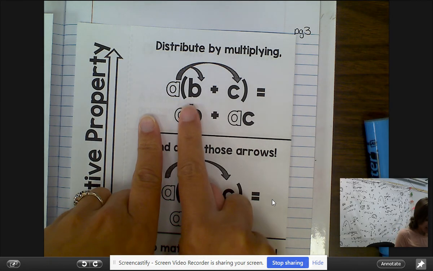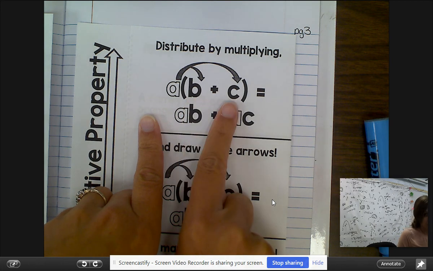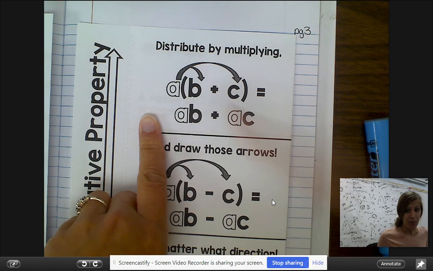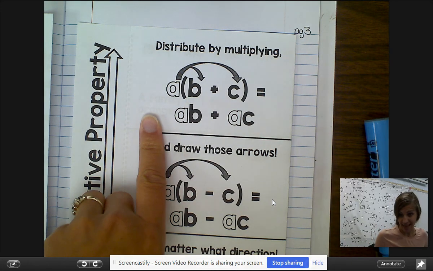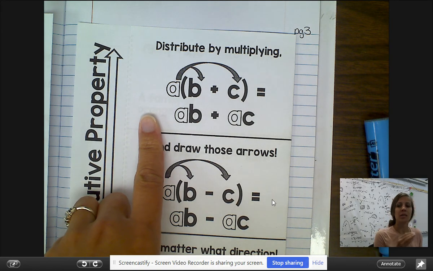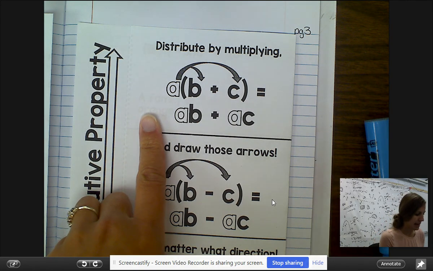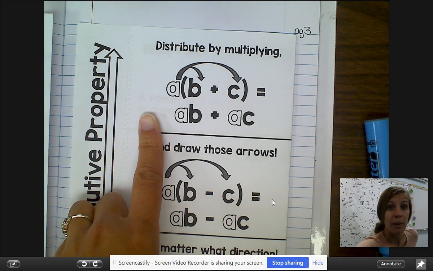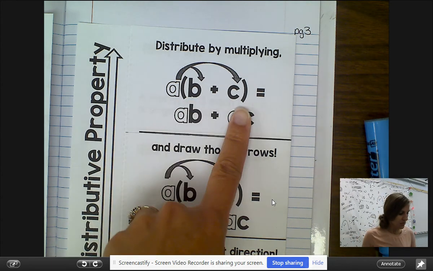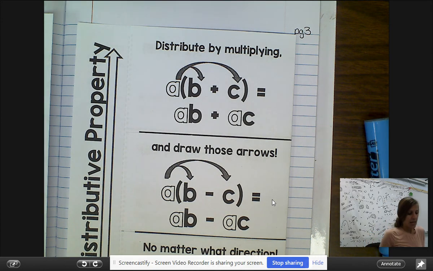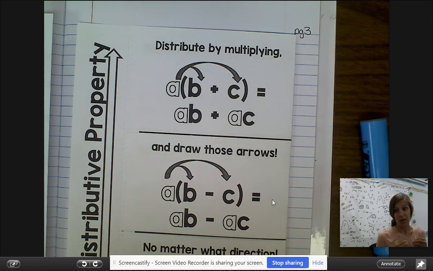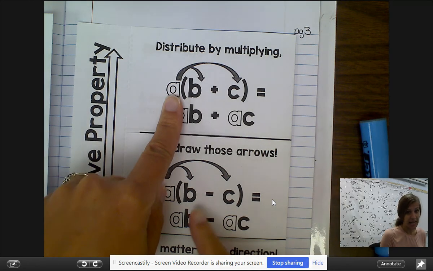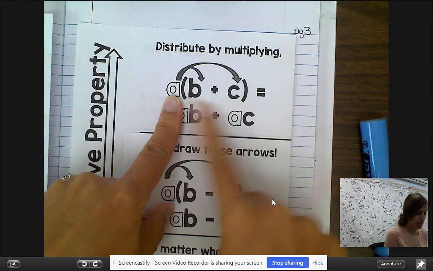Now, typically, if B and C were both real numbers, I would probably just add them and then multiply, like do what's in the parentheses first and then multiply by the number. But if I don't know B and C, or if they're not numbers that I can add up because they're not like terms, then I still need to multiply A to both of them, like the sum of them.